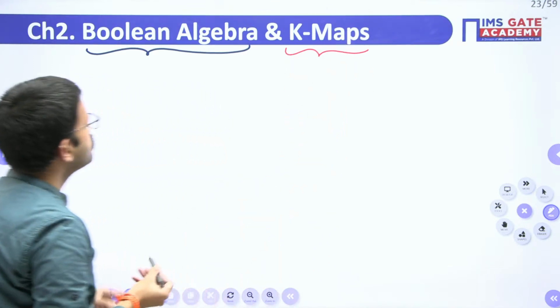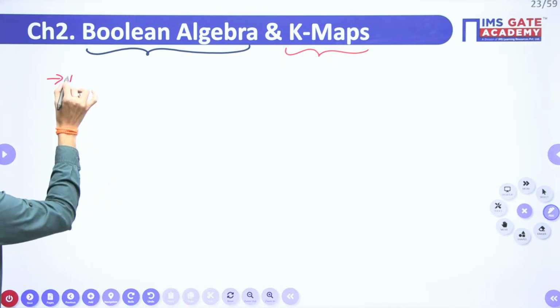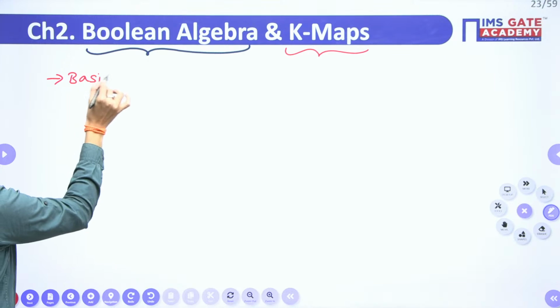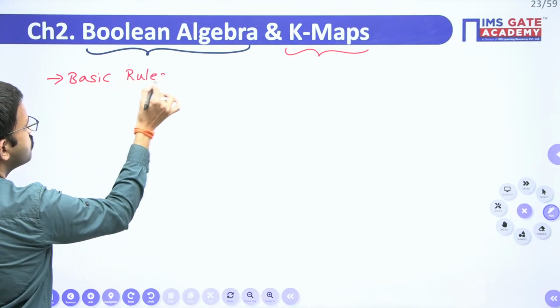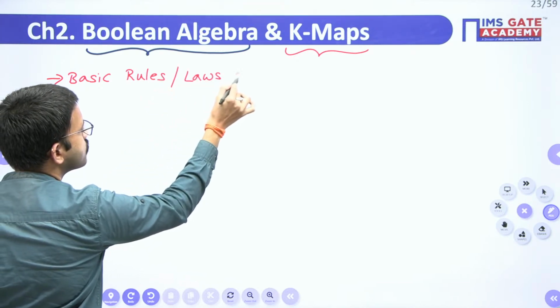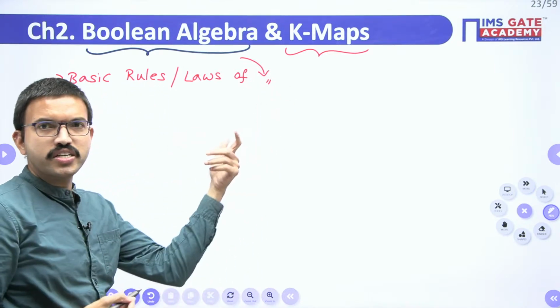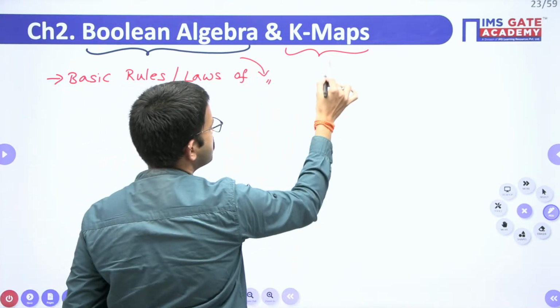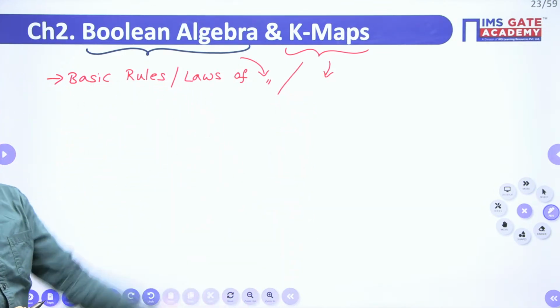Whenever you want to do simplification, we will use either basic rules or laws of Boolean algebra, or with the help of K-maps also we can do the simplification.